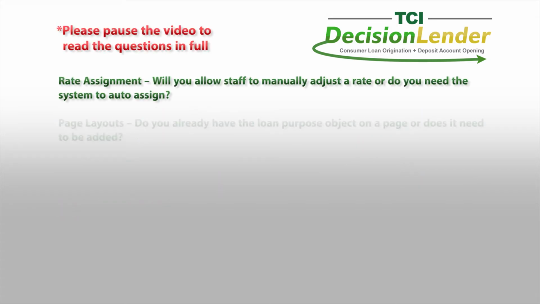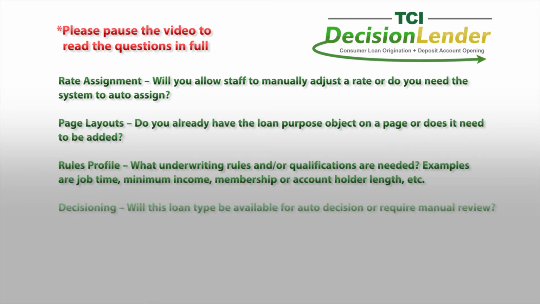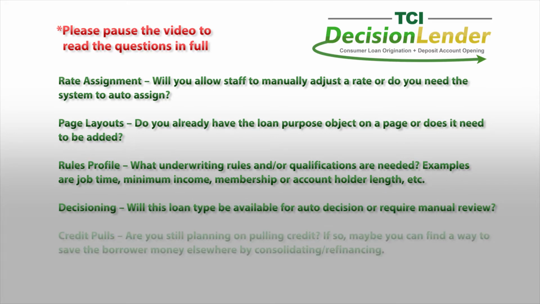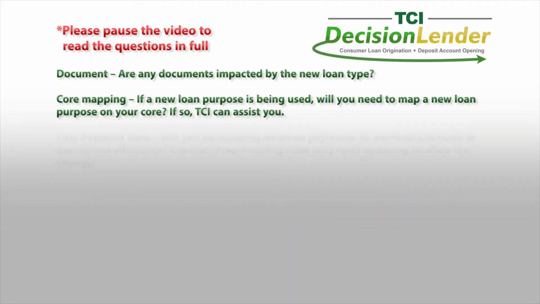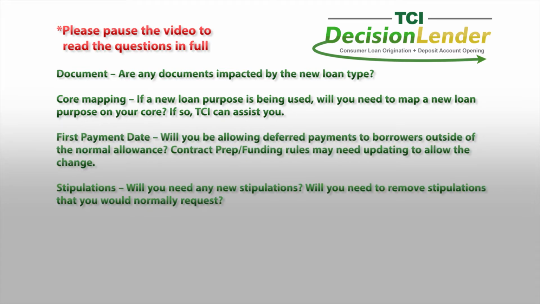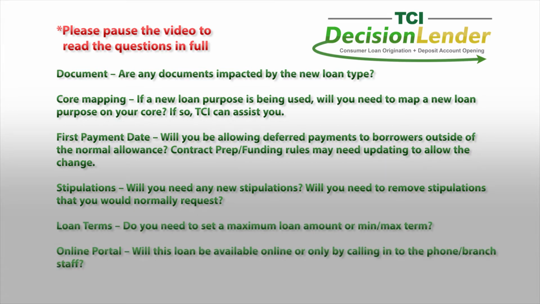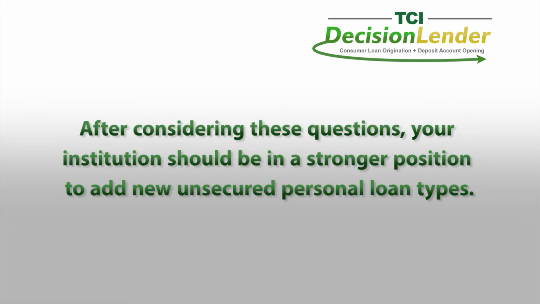Rate assignment, page layouts, rules profile, decisioning, credit pulls, document, core mapping, first payment date, stipulations, loan terms, online portal. After considering these questions, your institution should be in a stronger position to add new unsecured personal loan types.